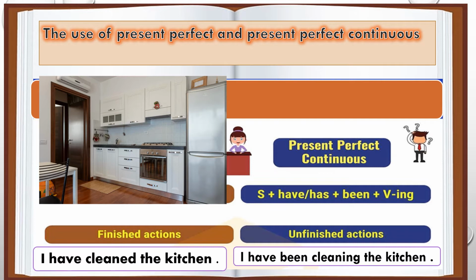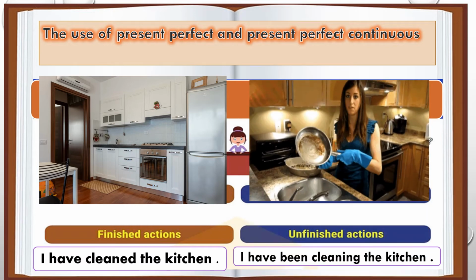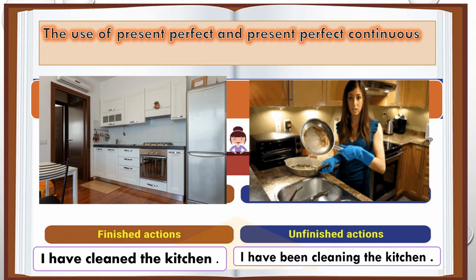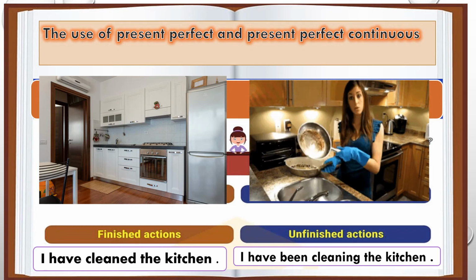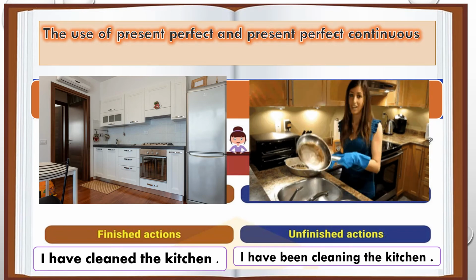Okay, إذا الحدث بدأ معانا بالماضي لكنه الآن لم ينتهي، ما زلت مستمرة فيه حتى الآن. For example, when we say I have been cleaning the kitchen, look at this picture. أنا بلشت أنظف المطبخ من قبل. Okay, لكني لم أنتهي حتى الآن. Okay, so we use present perfect continuous for action started in the past but it is unfinished till now.